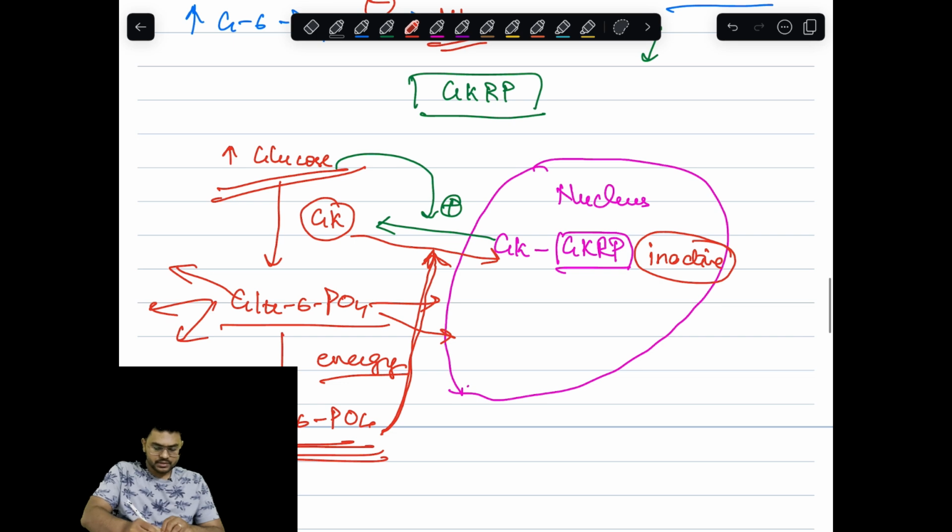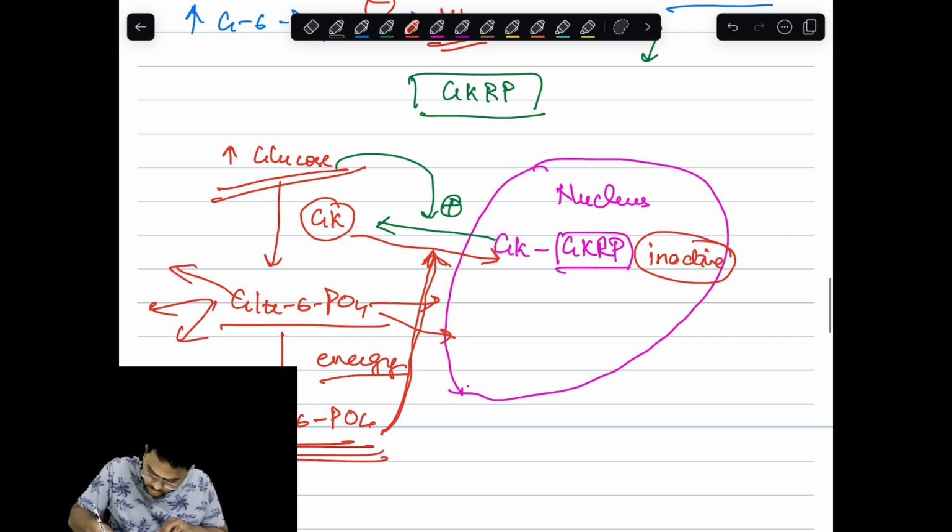Here we have enzyme activity, and here we have blood glucose concentration. First let me draw for hexokinase. I'll take blue color.